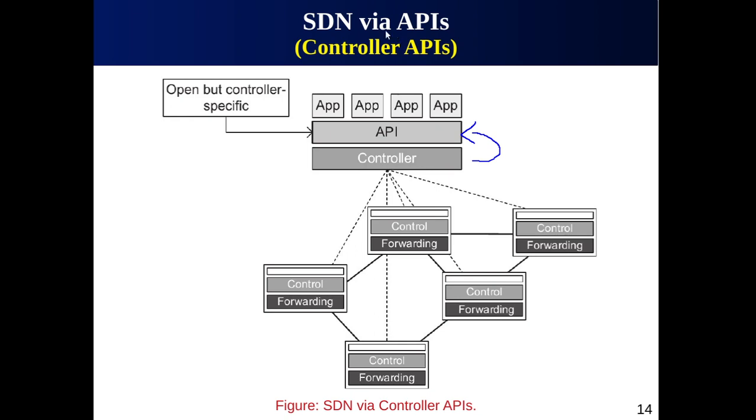Remember, SDN with the help of API. Here we are not using open interfaces, we are using proprietary interfaces. So there we used OpenFlow, but here we have to use proprietary interfaces. So the difference is in the southbound API.